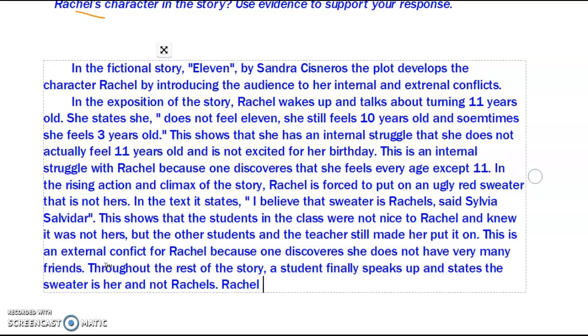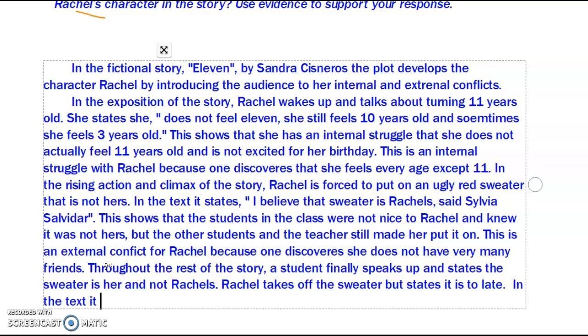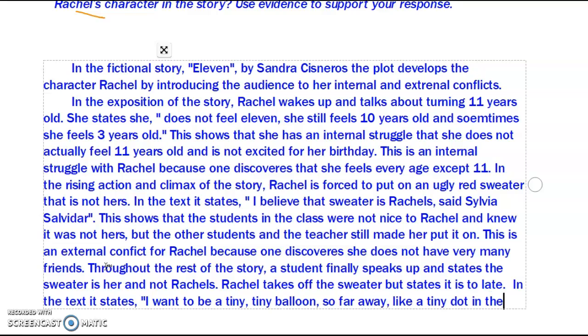Rachel takes off the sweater but states it's too late. In the text, it states, "I want to be a tiny, tiny balloon, so far away like a tiny dot in the sky."